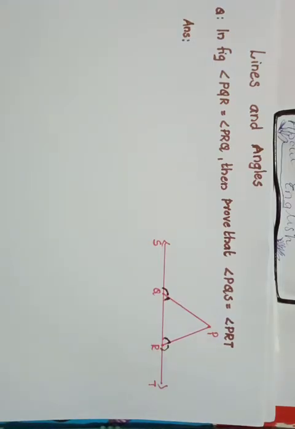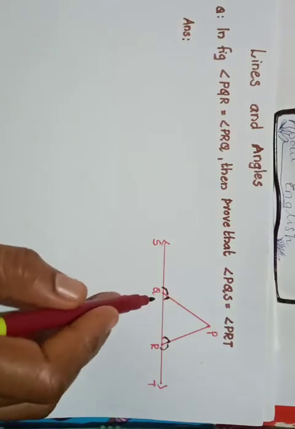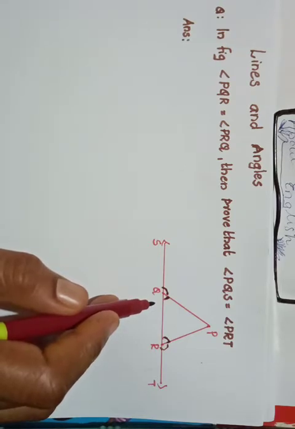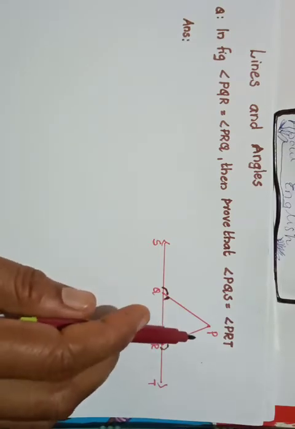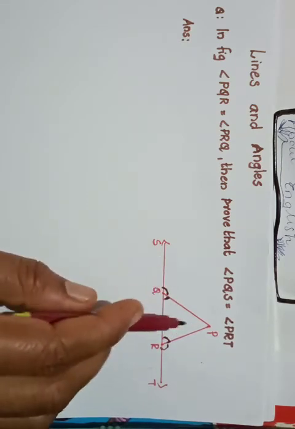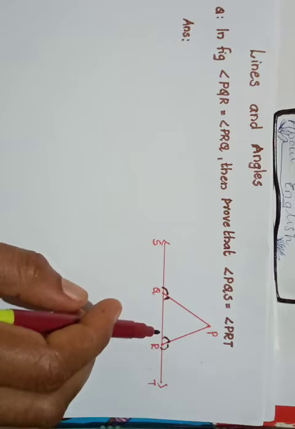Given that the interior angles of triangle PQR, that is angle PQR and angle PRQ, are equal, we need to prove that the exterior angles of that triangle, PQS and PRT, are equal.